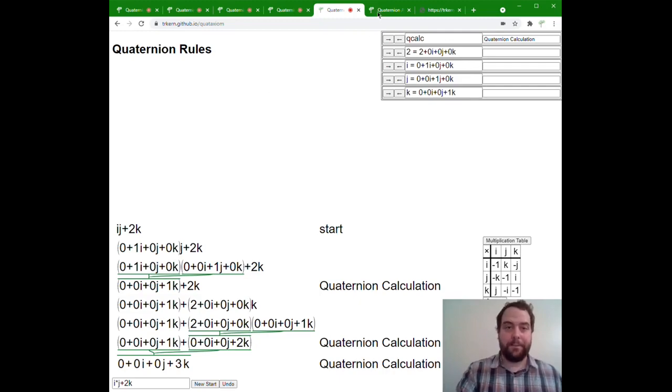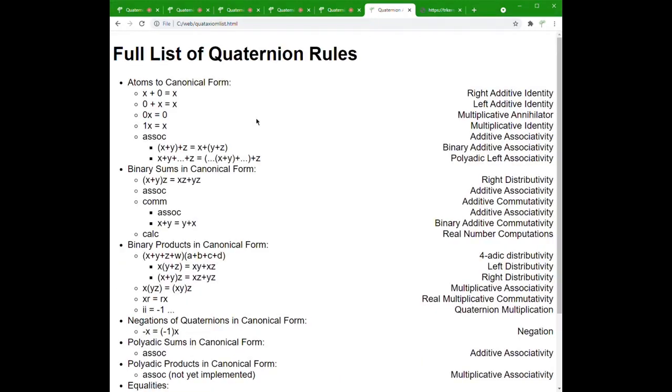This list is complete in the sense that just having access to these rules allows you to do any sort of calculations that you might want to do with quaternions, assuming you're not trying to do exponentiation or take reciprocals or things like that. But as long as you have something involving sums and products and negation with quaternions, you can do a calculation just using all of these rules that I've listed out here.